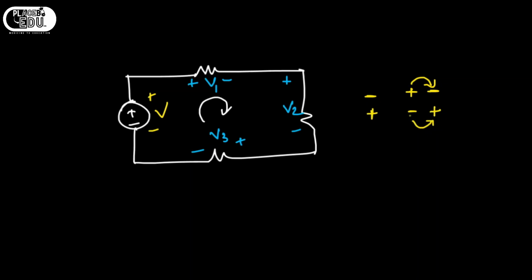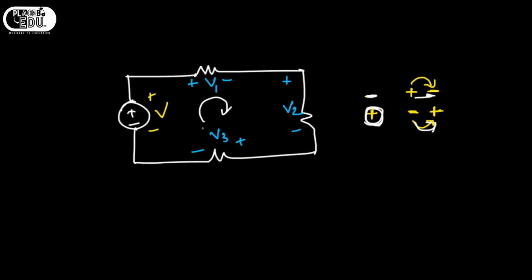That means when there is a hike in potential, from negative potential to positive potential, I'm going to consider it as positive. When there is a decrease in potential, that is from positive to negative, I'm considering that potential as negative. And some people will consider it in reverse, that is, going from positive to negative they will consider as negative. But here, since it is increasing, I'm considering it as positive.